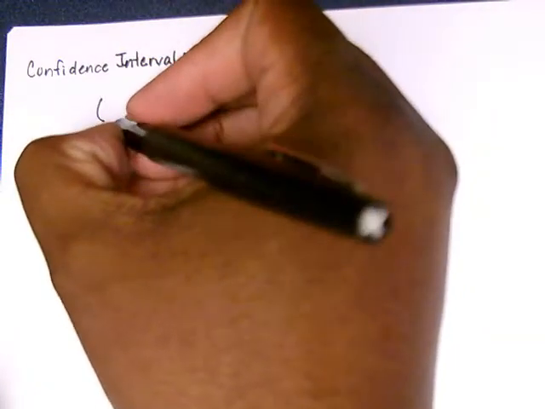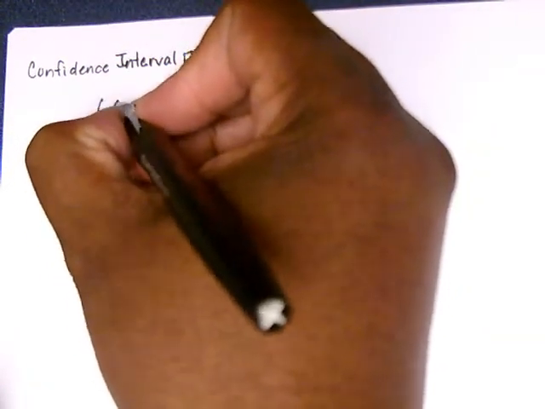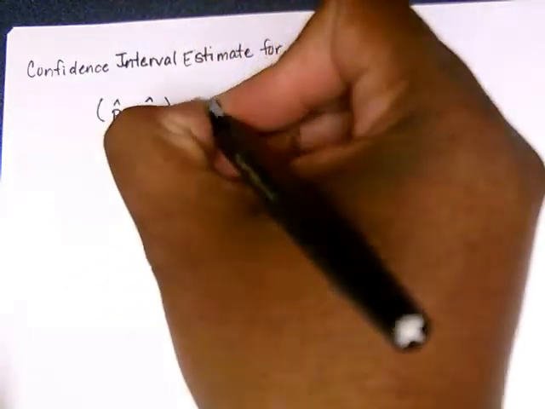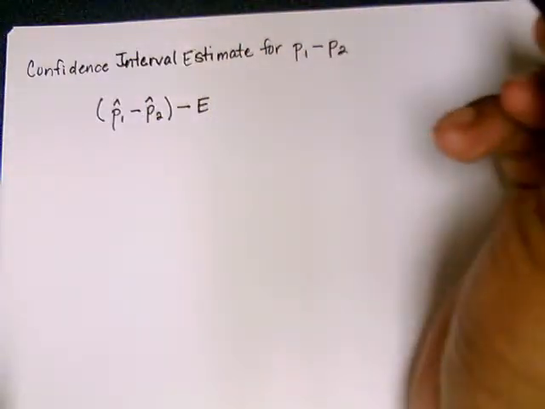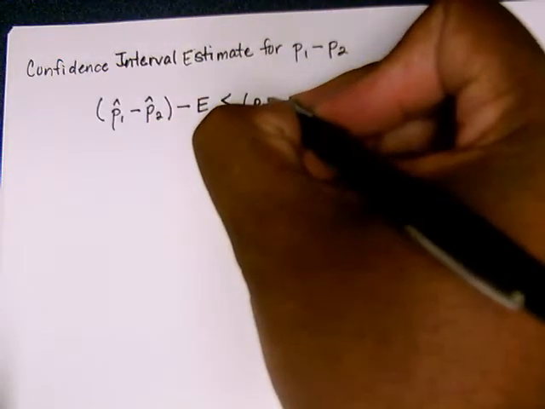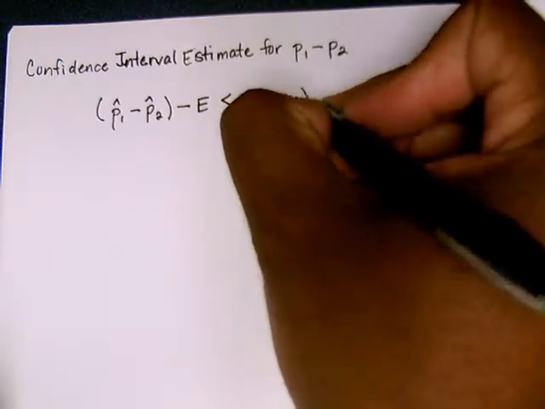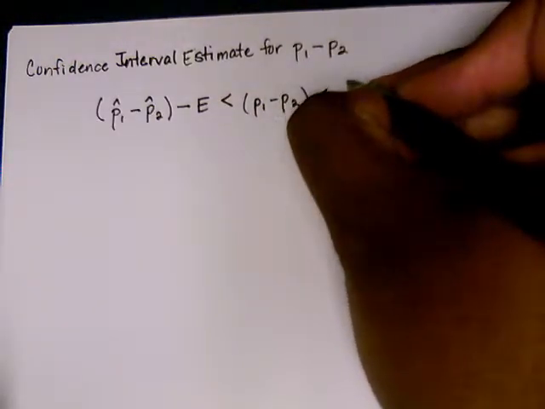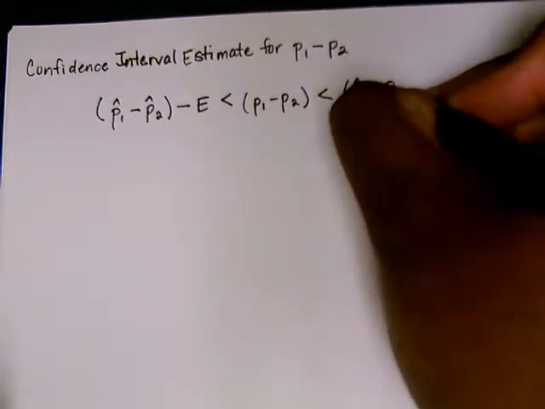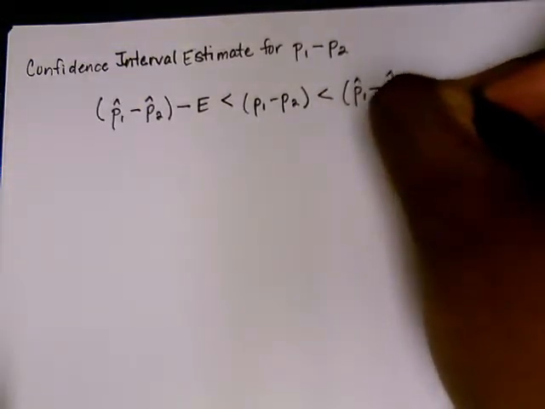Now that confidence interval for two proportions will be this: P1 hat minus P2 hat minus E, which is your margin of error, that's less than P1 minus P2, and that's less than P1 hat minus P2 hat plus E.